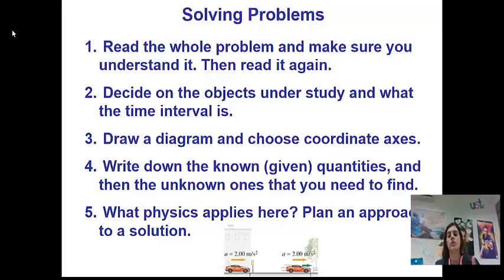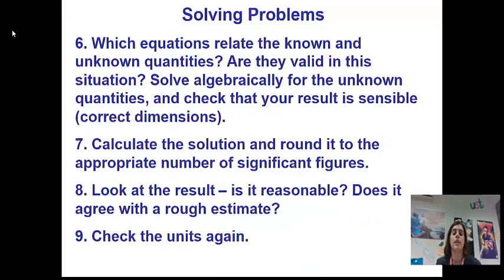Okay, write down your given knowns, write down your unknowns, and that helps you pick what equation to use. Okay, look at your physics that you're applying here. Am I looking at average velocity or instantaneous velocity? Do I have constant acceleration or do I have a changing acceleration? Okay. Another thing that is really important is to realize that you can also divide kinematic problems up into their different time intervals.